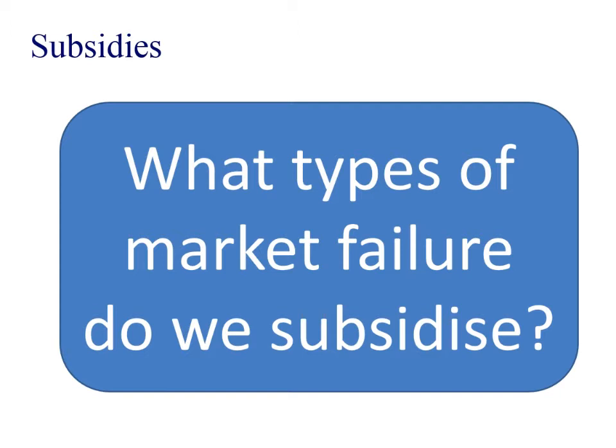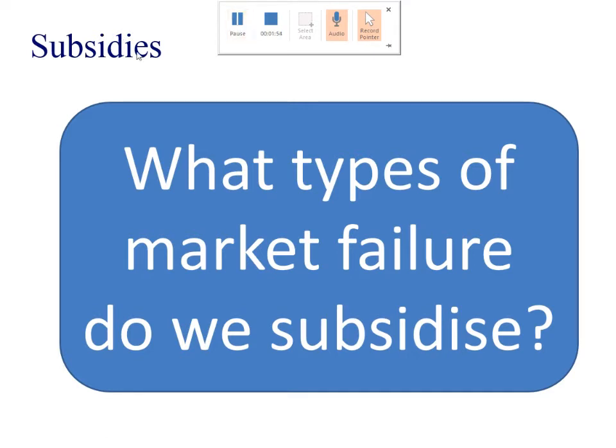And merit goods as well, where consumers don't realise the full benefit of consumption, because there's some information failure, so they underconsume it as well. We could also think about public goods as needing subsidies, but they would need to be totally subsidised, so fully subsidised, because those would be underproduced or not produced at all in a free market, because producers wouldn't be able to cover their costs because of the free riders.